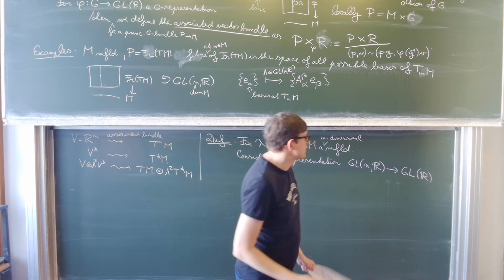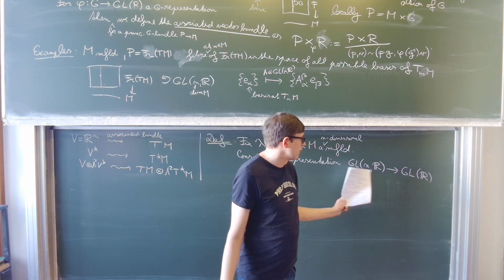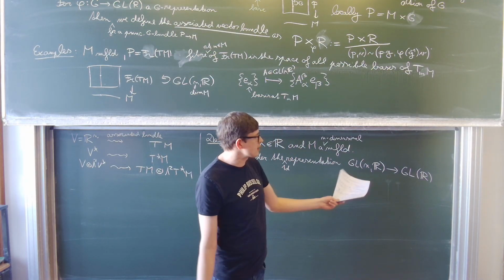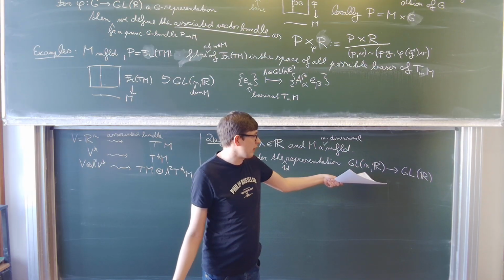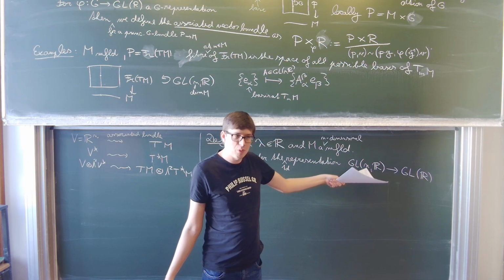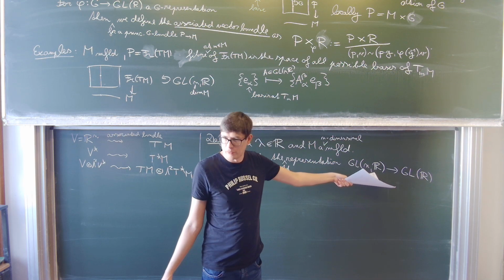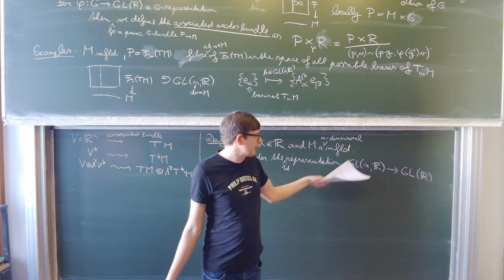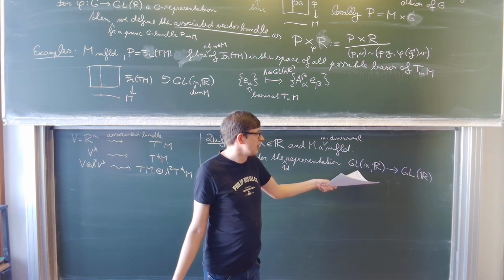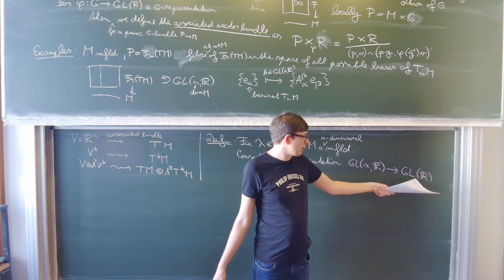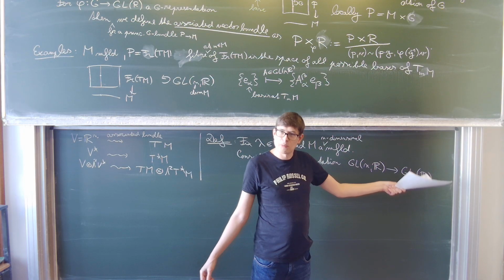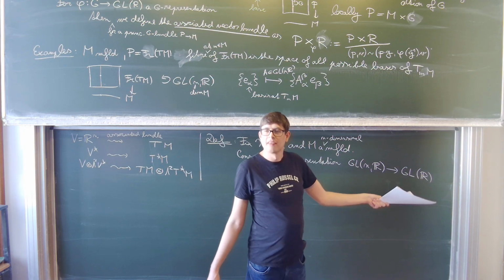There is probably an unnecessary clarification. I'm using GL in two notations. If it has two arguments, the first argument should be an integer and the second argument should be the field, and by that I mean invertible matrices of that size over the field. The second, different notation is that if I say GL with one argument, I mean the invertible linear transformations of a vector space.